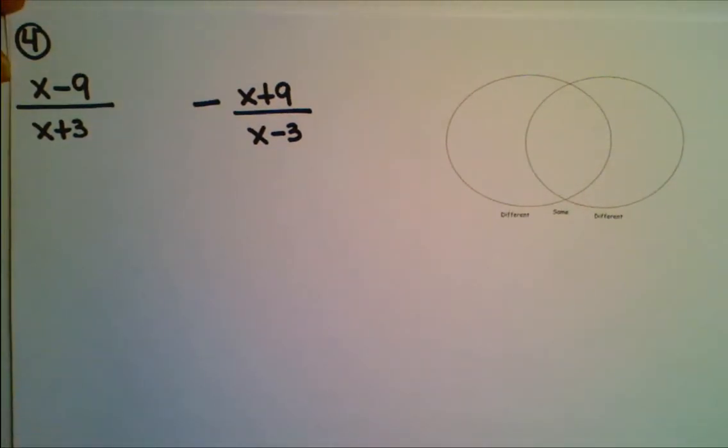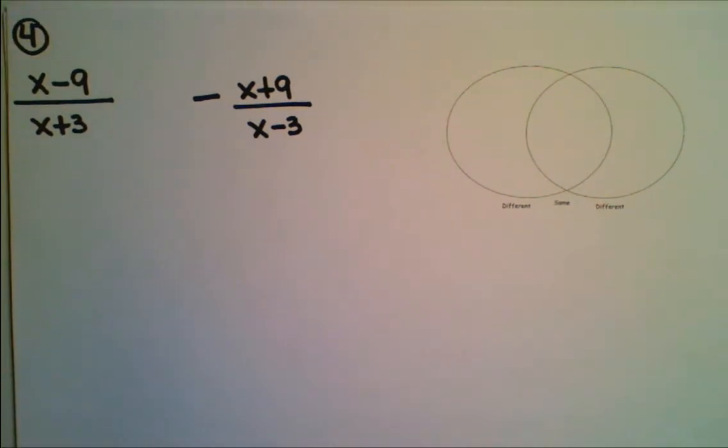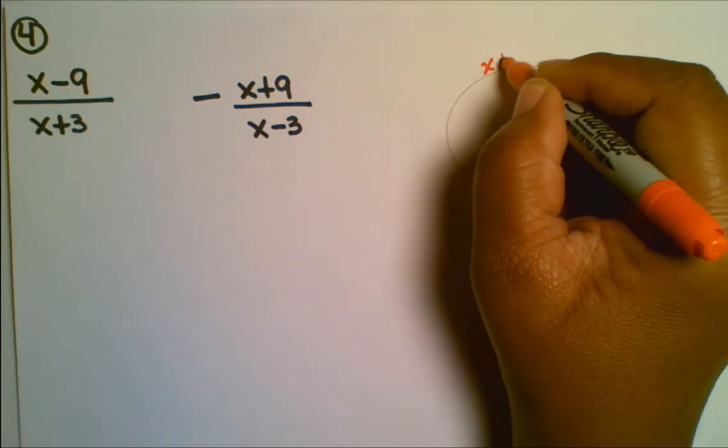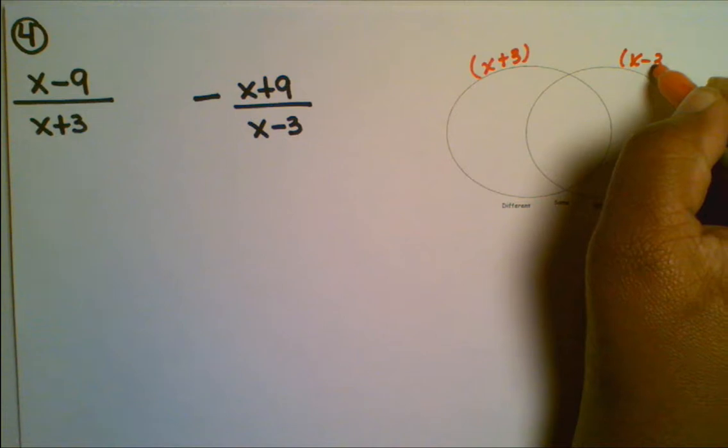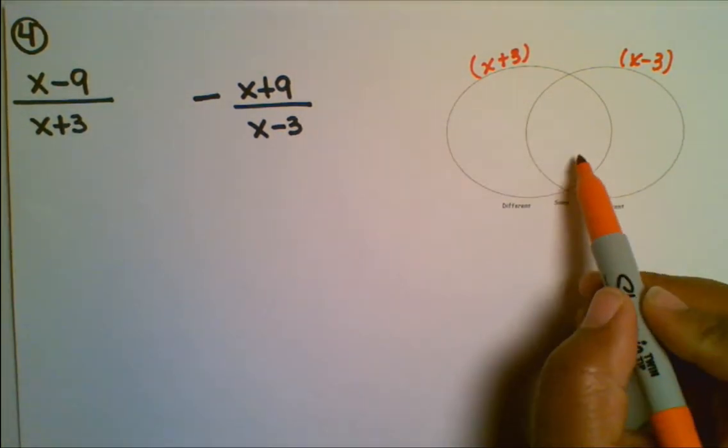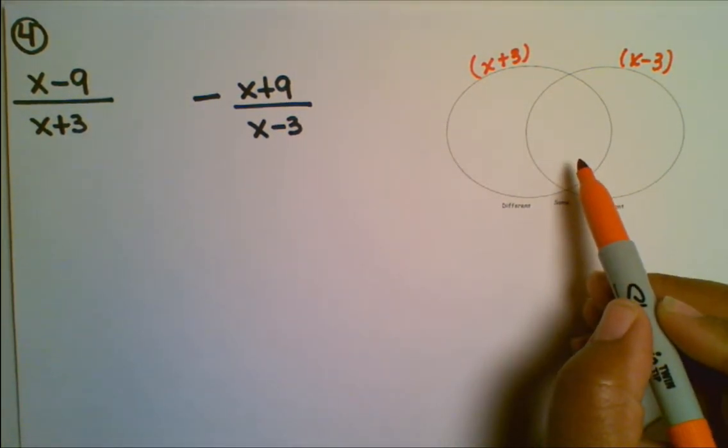Number 4, we have x minus 9 all over x plus 3 minus x plus 9 all over x minus 3. So our first fraction has a denominator of x plus 3. Our second fraction has a denominator of x minus 3. So the question is, what is the same?